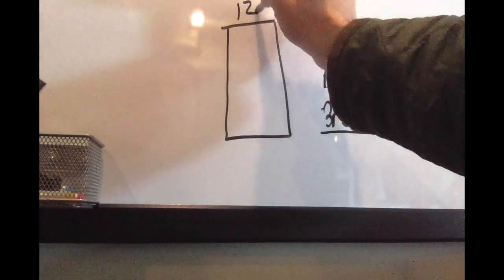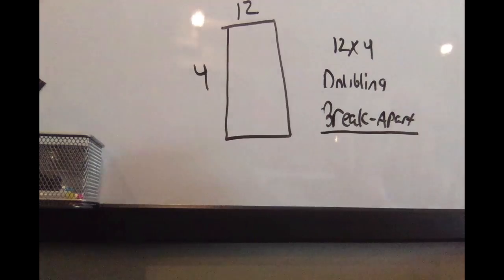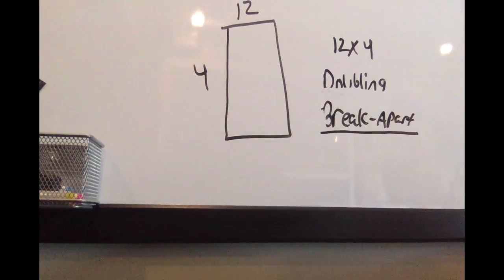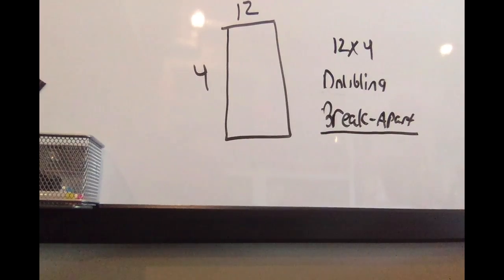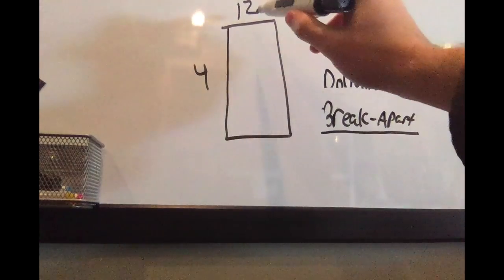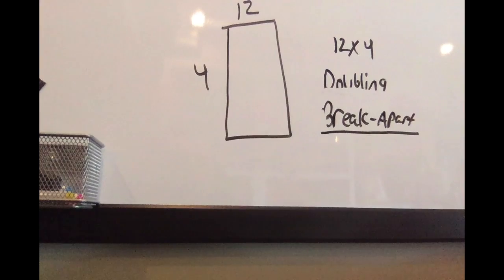So 12 times 4. And with break apart, remember, we're kind of like doubling. We're splitting this top part into two different numbers. But with break apart, it doesn't have to be the same number twice. It could be split into two different numbers that you know the multiplication tables to.